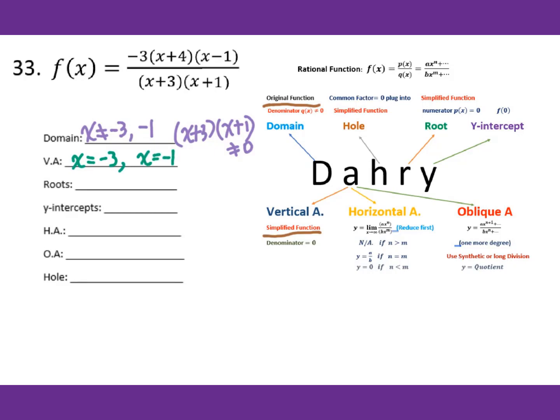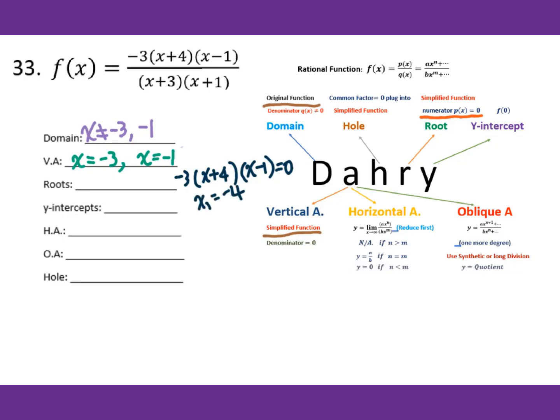For the roots, you have to make the numerator equal to 0. Therefore, we will set up -3 times x plus 4 times x minus 1 equal to 0. And you will get x1 equals -4, x2 equals 1. Therefore, -4, 0, and 1, 0 will be the roots.